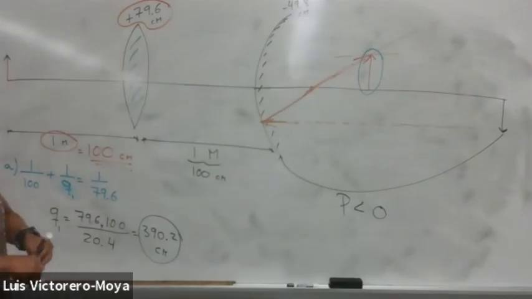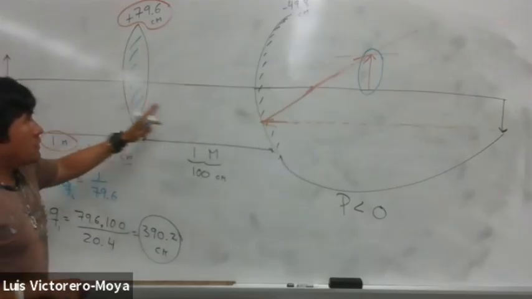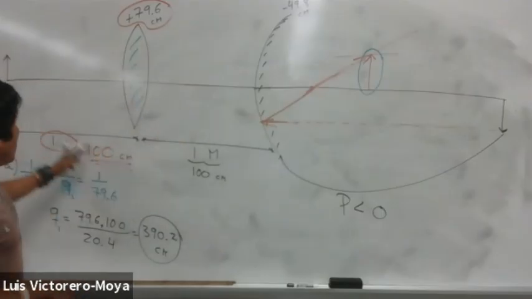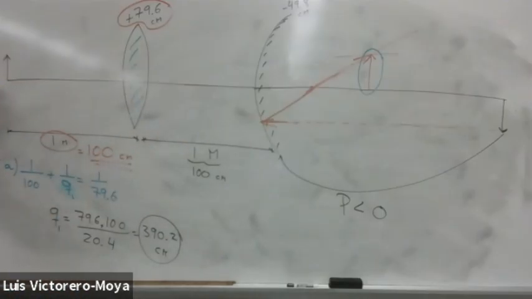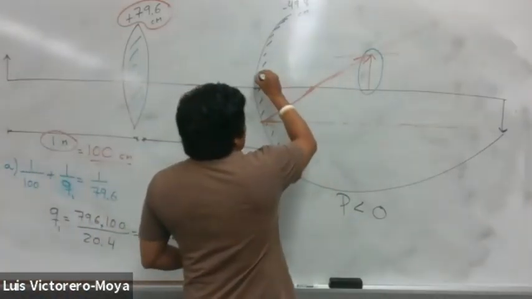And I didn't believe it at the end. So when I went to the lab and put this together, I put the screen here and I found the image of this object upright, inverted around here. Tricky, right? Because you wouldn't expect that to happen.